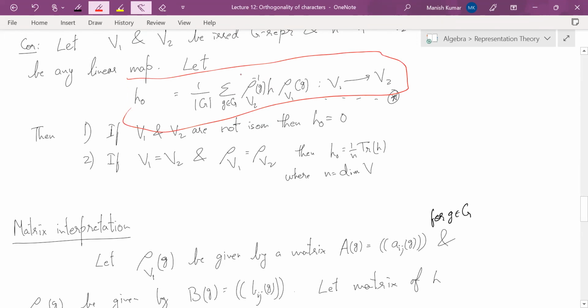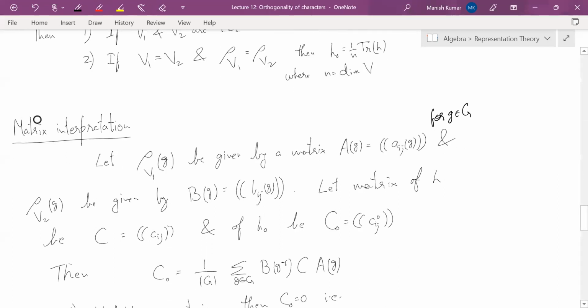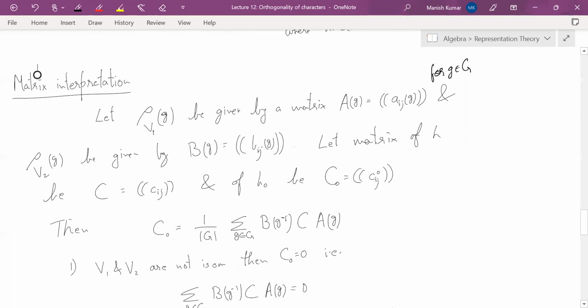And then these two statements will be a statement about certain functions. So C is the matrix of H, whose entries are Cij's, and C0 is the matrix of H0, with respect to the fixed basis of V1 and the fixed basis of V2.